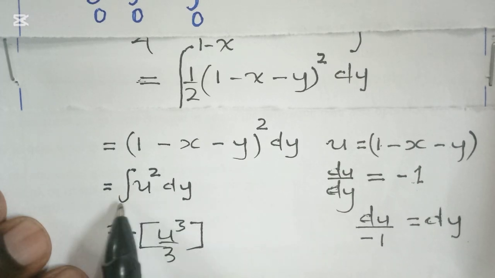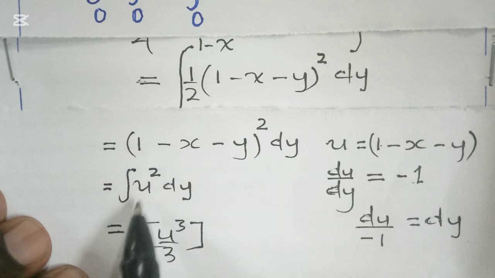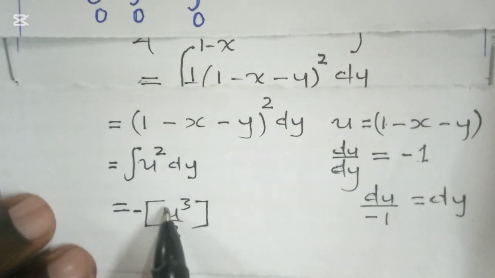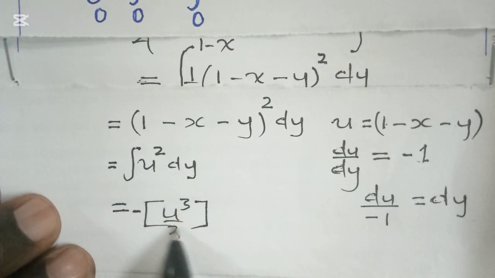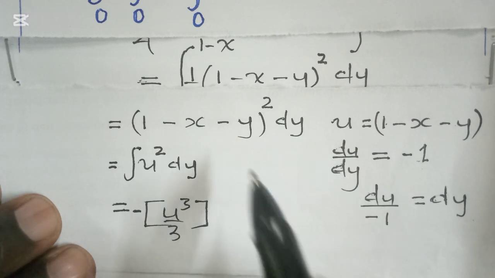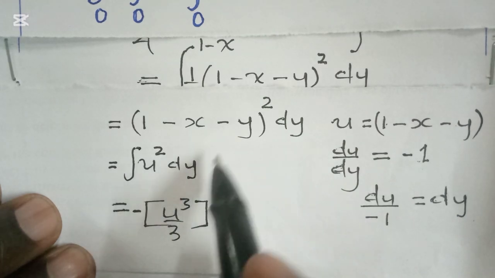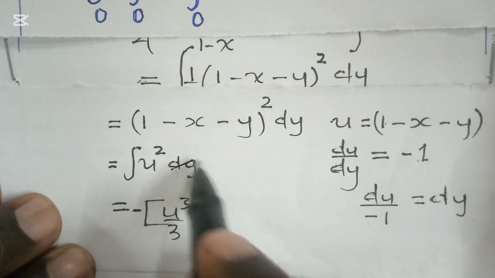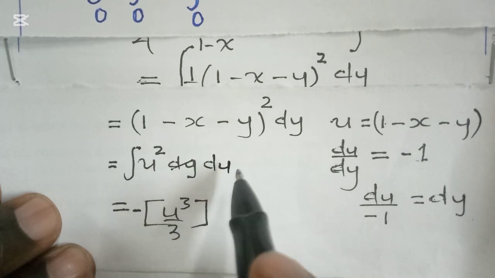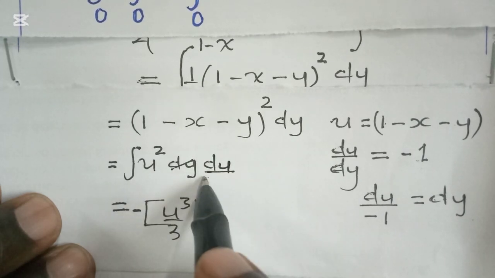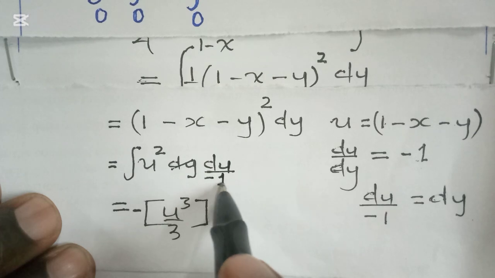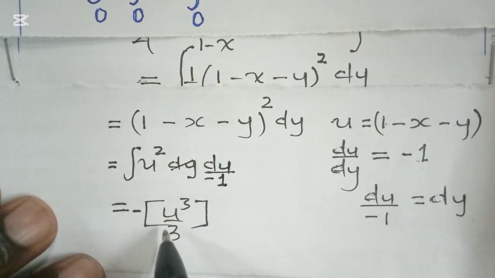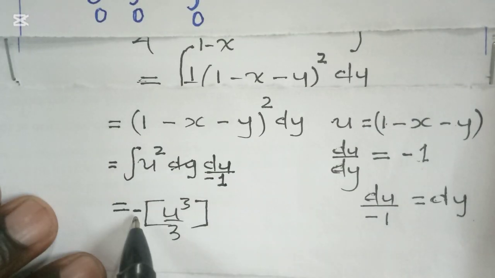Now integrate this. When you integrate, you are going to have u cubed all over 3, and then you have a negative there.